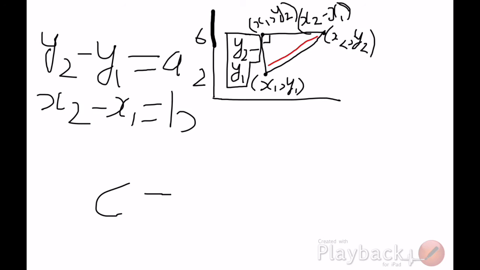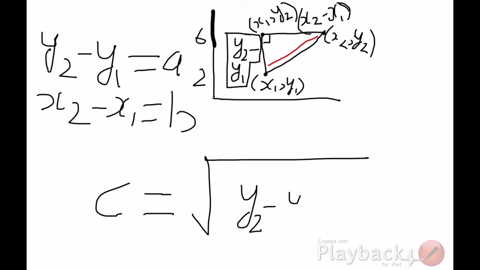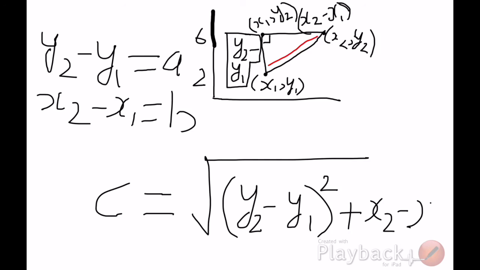So C equals the square root of A square plus B square. This is A, and it must be squared, and the sum of this, right? Yeah, we are done.